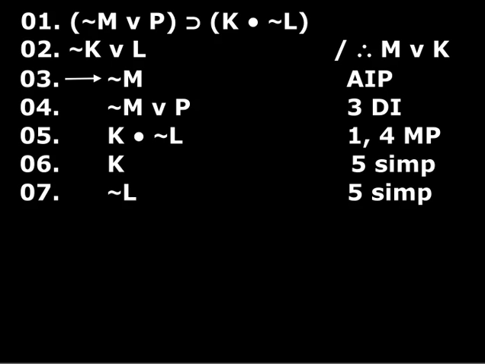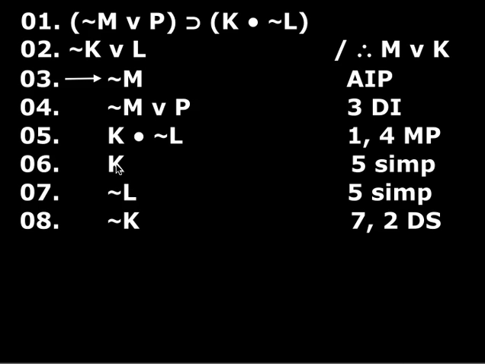So I'm going to do simplification on line 5, twice, to get both those conjuncts out on their own. Now I'm going to use not l, line 7. This is the negation of this disjunct, so I can get the other disjunct by DS, so I can get not k. That's by DS.